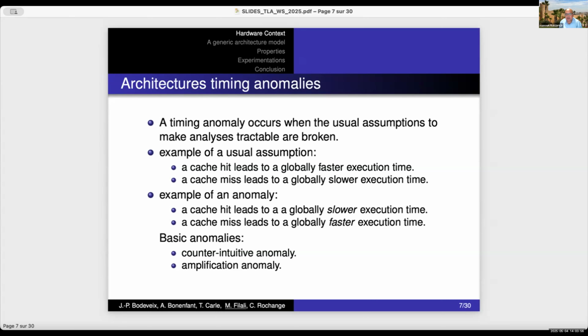And an anomaly is when we do not have these two expected properties, but we have the inverse. That is, when we have a cache hit, we have a slower execution time, or when we have a cache miss, we have a faster execution time. And if we have these anomalies, then the assumptions that we usually make for computing the complex WCET are broken, so our calculus of WCET is no longer valid.